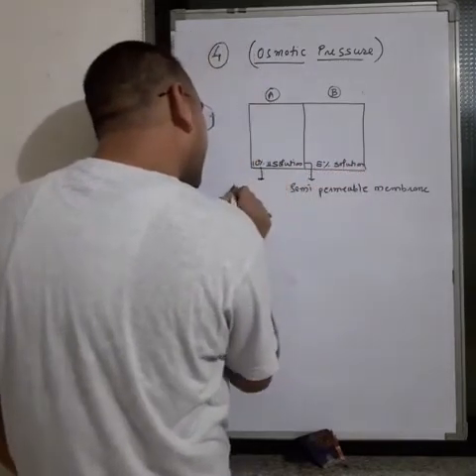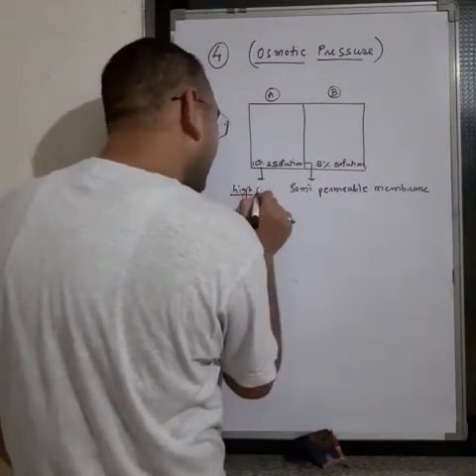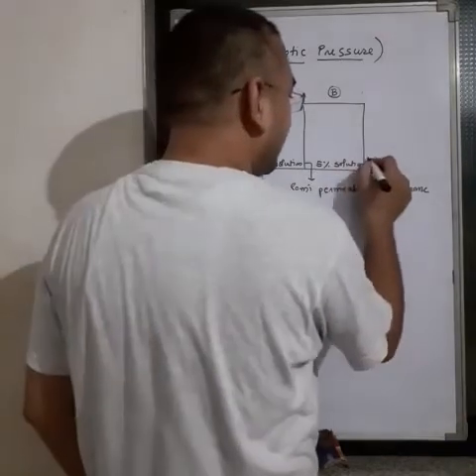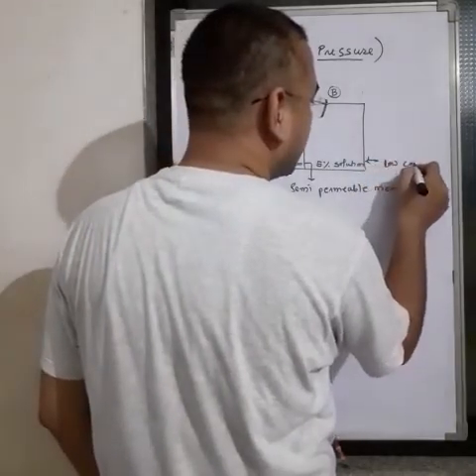So we can say that compartment A has high concentration and compartment B has low concentration.